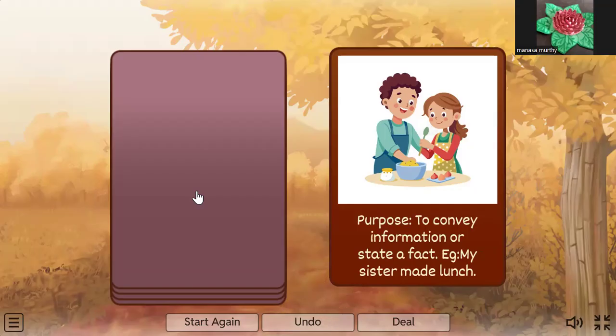Or to state a fact, we say the sun rises in the east, the sun sets in the west, the earth revolves around the sun. These kinds of sentences state a fact. So it can either convey information or state a fact.